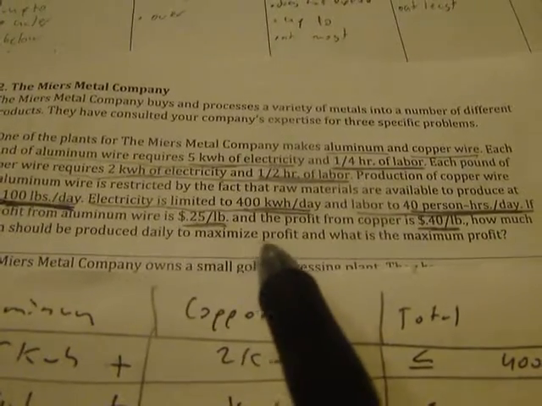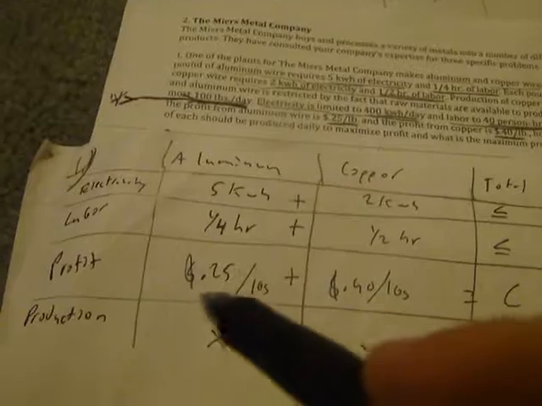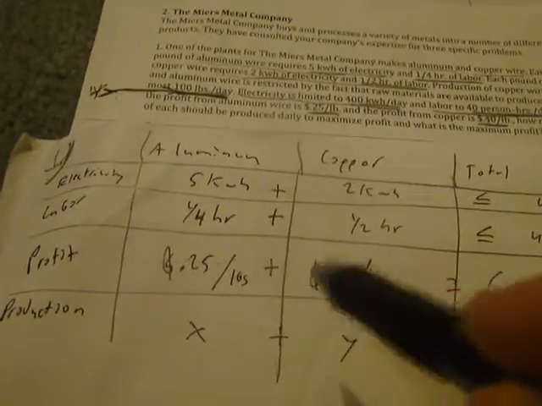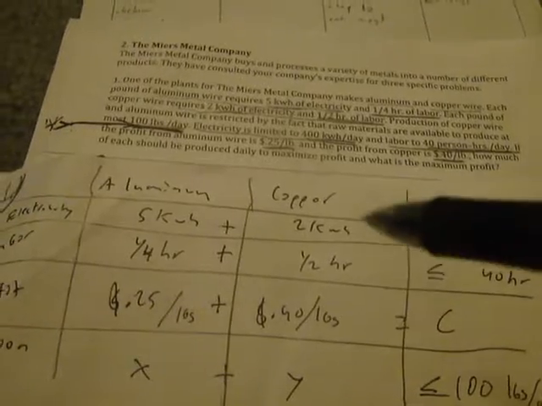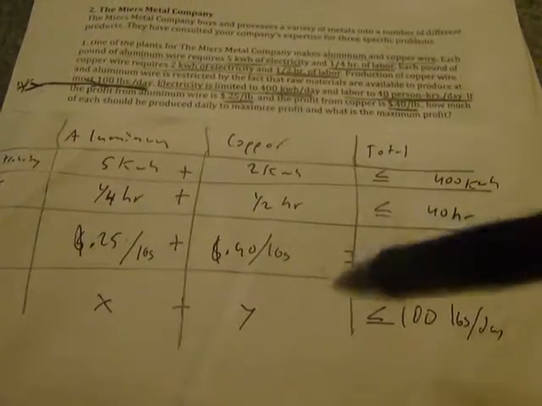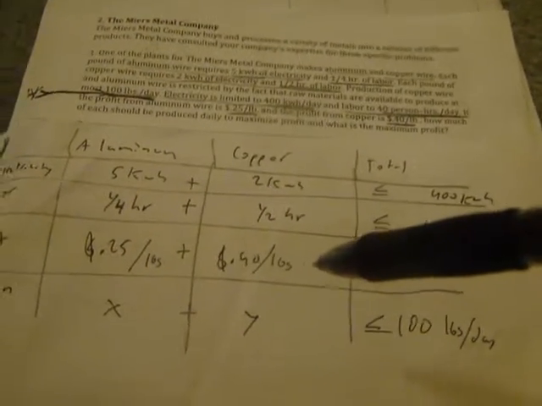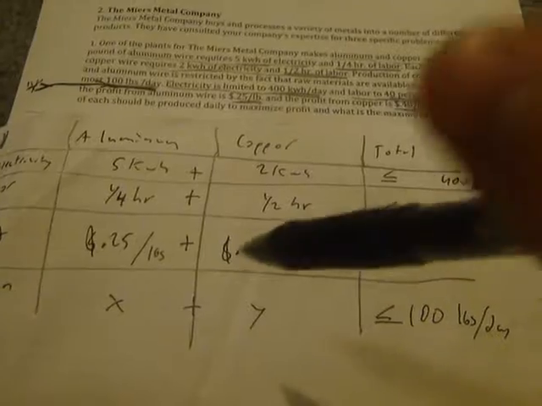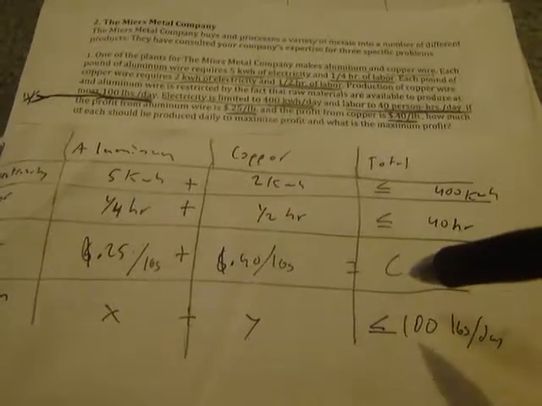So we're talking about what's the maximum profit. If it's profit, it's an objective function. That is our objective, to find out how much aluminum and copper we can sell to get the most profit. Everything else is a constraint. It's just there to help you figure out the maximum profit.